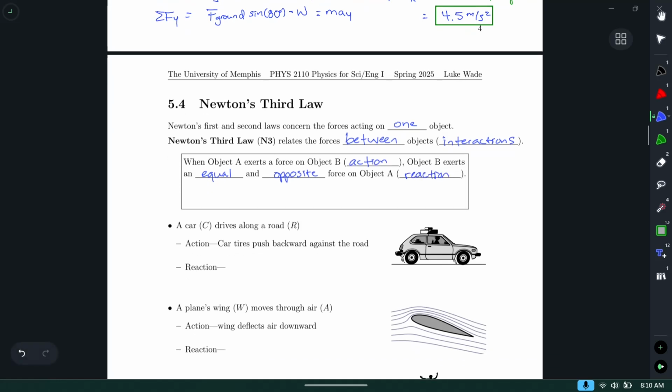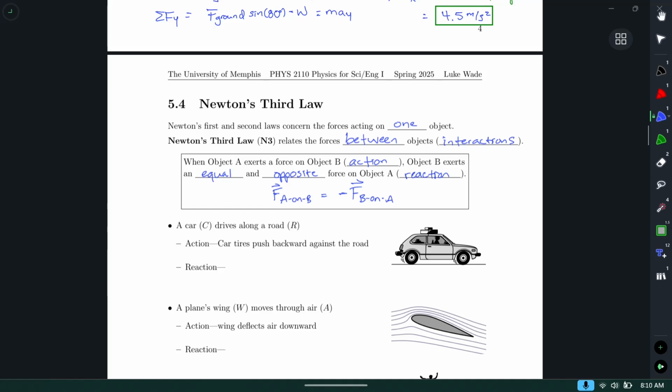Or as an equation, if A exerts a force on B, B exerts a force on A of equal size, but in the opposite direction. Same vector, but flipped over.